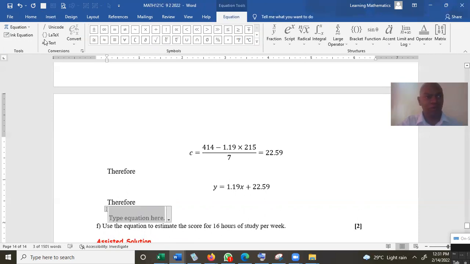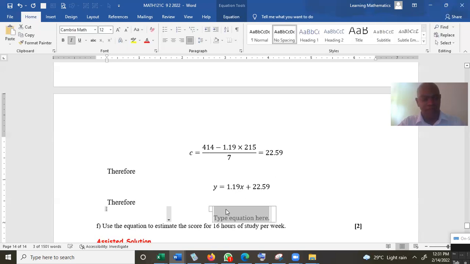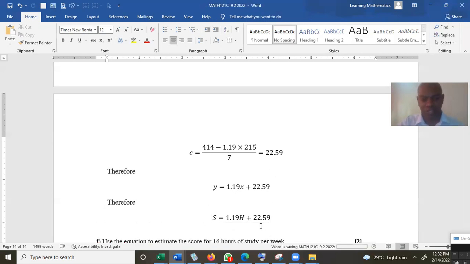So therefore we have S for score is equal to 1.19 times H, hours of study, plus 22.59. So here's the equation to describe the relationship between hours of study and score using linear regression.